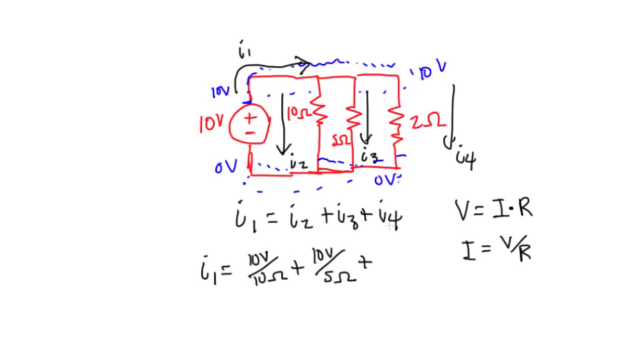And for I4, it's 10 volts and 2 ohms, so it's 10 volts divided by 2 ohms. So I can run some quick math. I1 is therefore equal to 1 amp plus 2 amps plus 5 amps, which means that I1 has a total current of 8 amps.